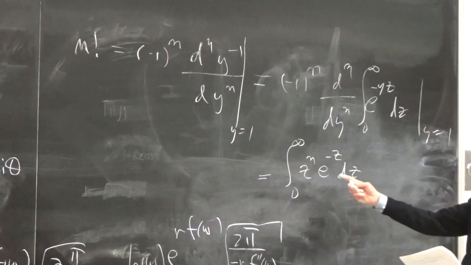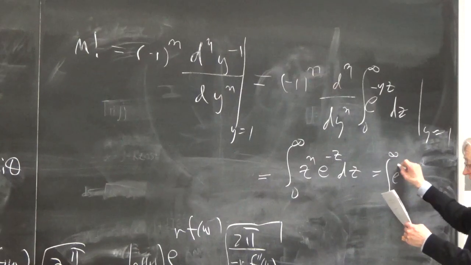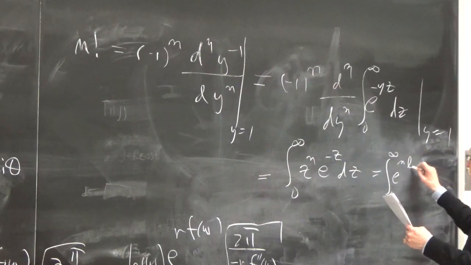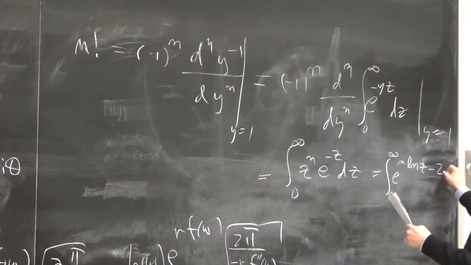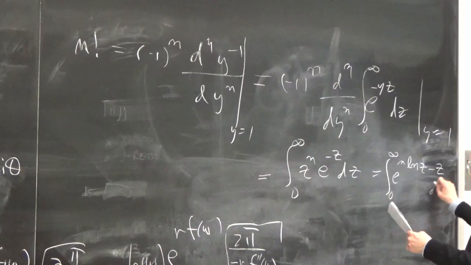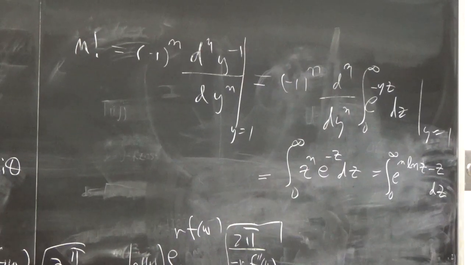And now we can rewrite that as integral 0 to infinity e to the n log z minus z dz. So we want to approximate this by the method of steepest descent.